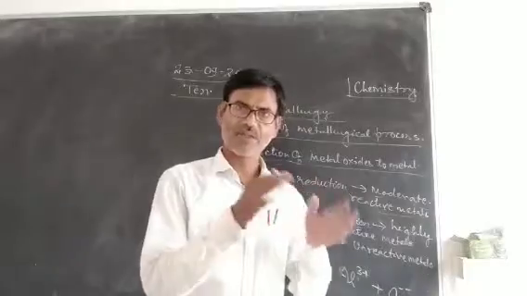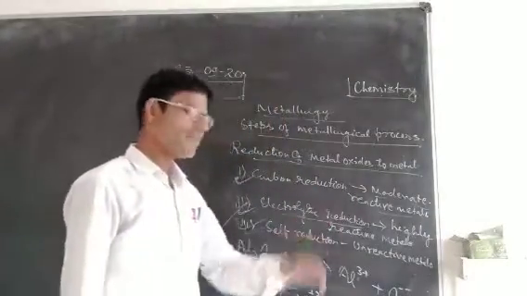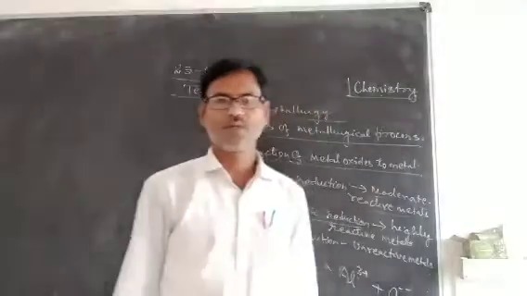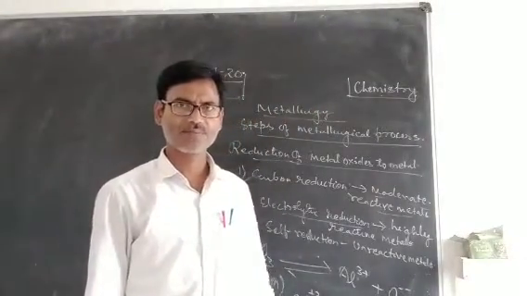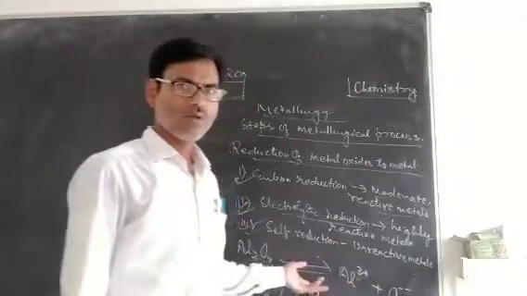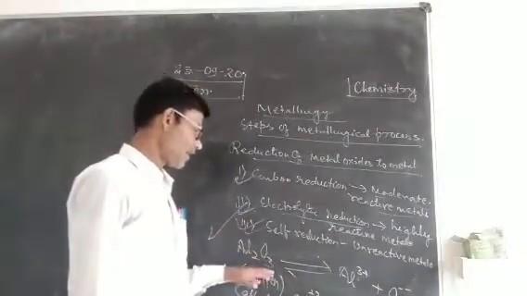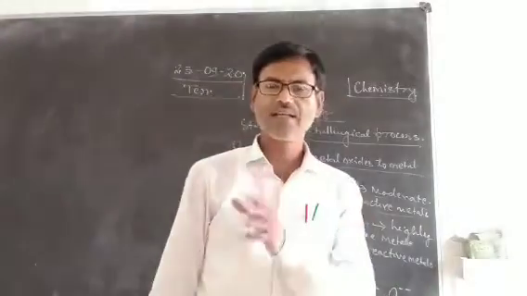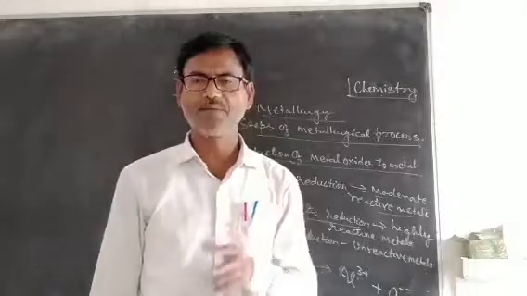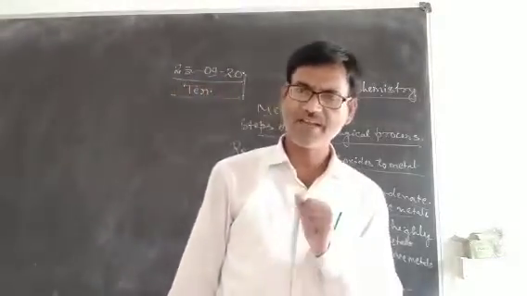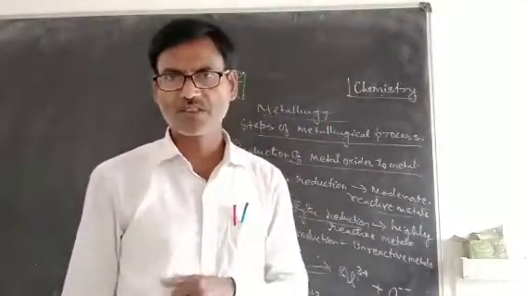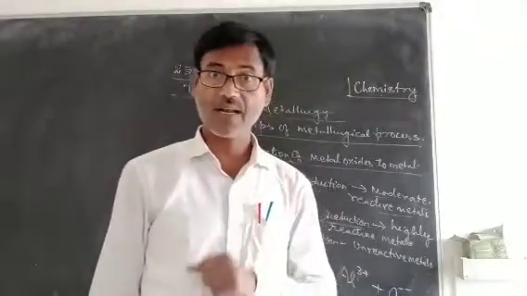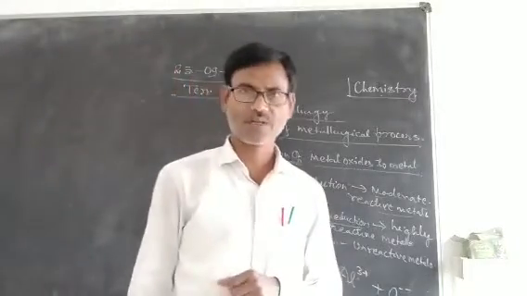From cathode it can be obtained. And oxygen gas is released at anode. So this is how aluminum is obtained by electrolytic reduction. Other highly reactive metals like sodium, calcium, magnesium are obtained from their halide ore by electrolysis of molten form.